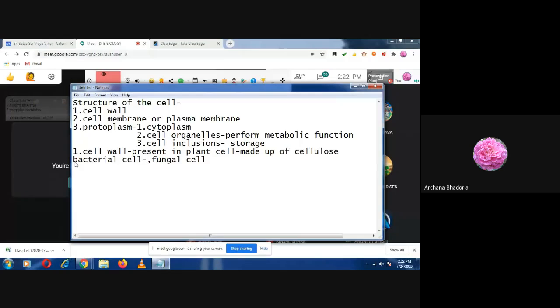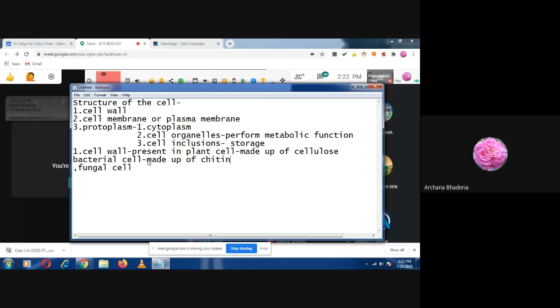In the bacterial cell, you will find it is made up of... okay, write down chitin.